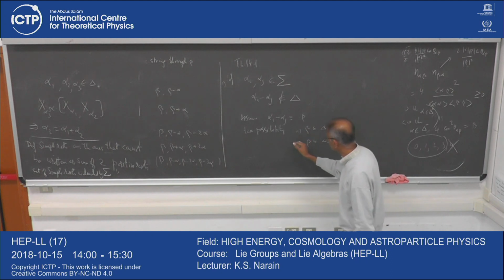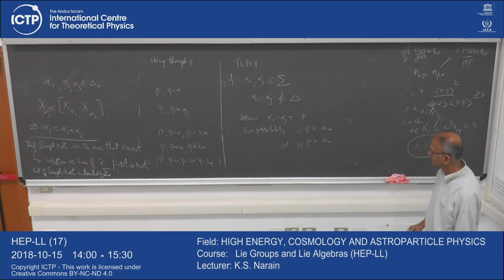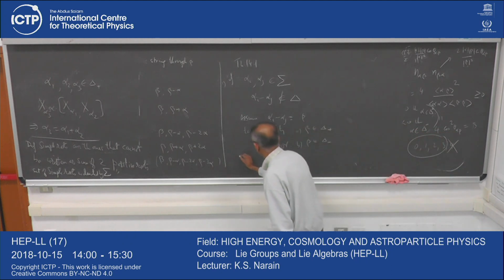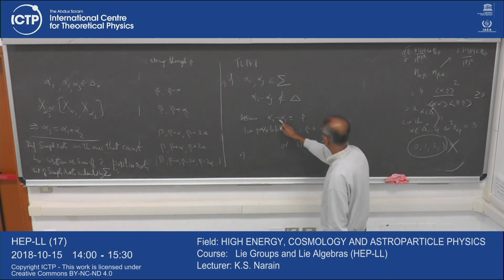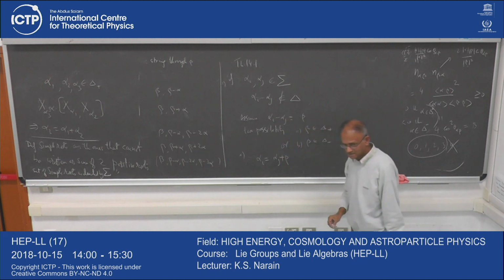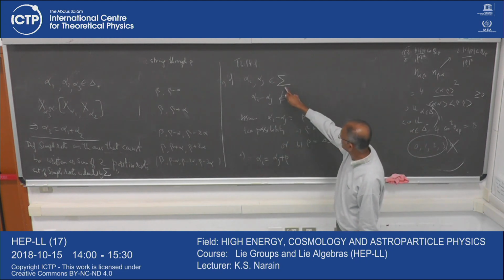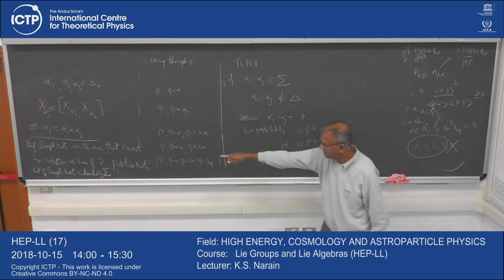So either this or that. If it is case A, then I can write alpha i equal to alpha j plus beta. But that's a contradiction, because every simple root is of course inside the positive roots.